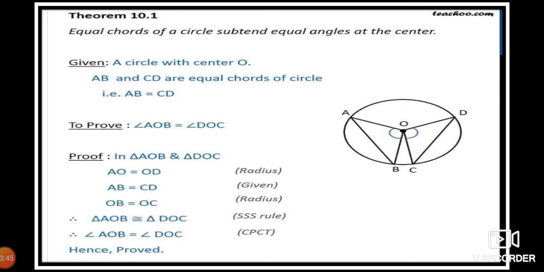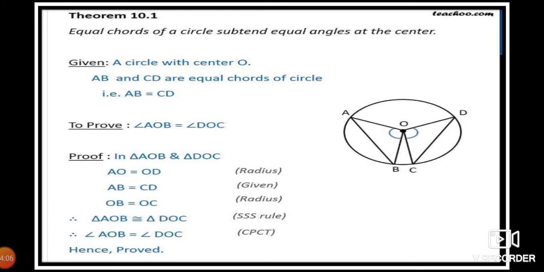In triangle AOB and triangle DOC, we have to consider the two triangles. In that triangle, AO equals OD. Observing the figure, students, AO equals OD.